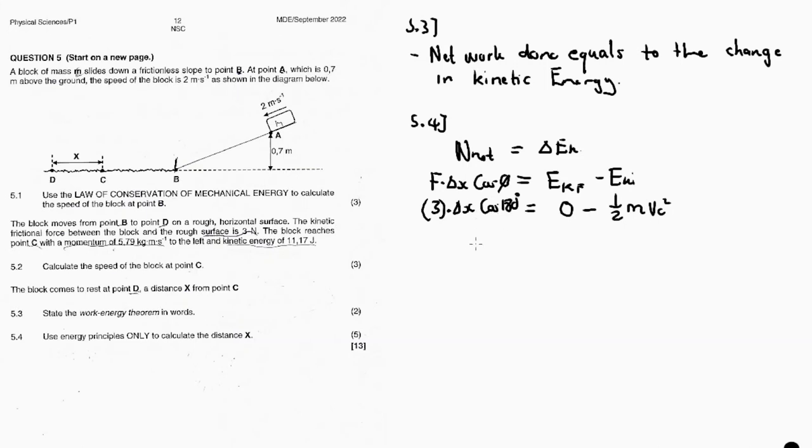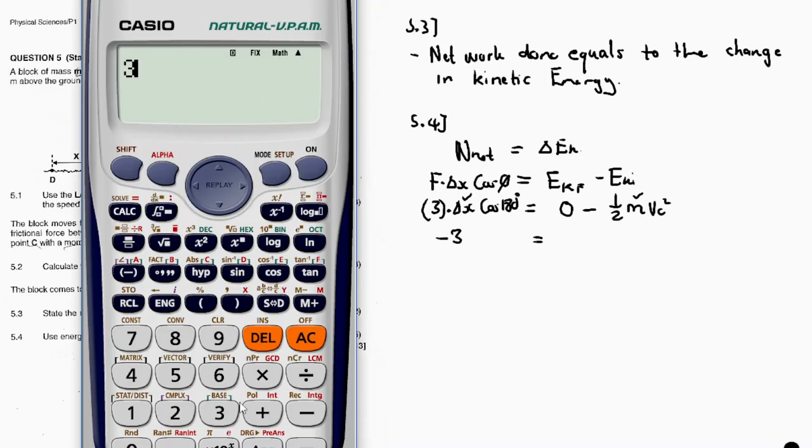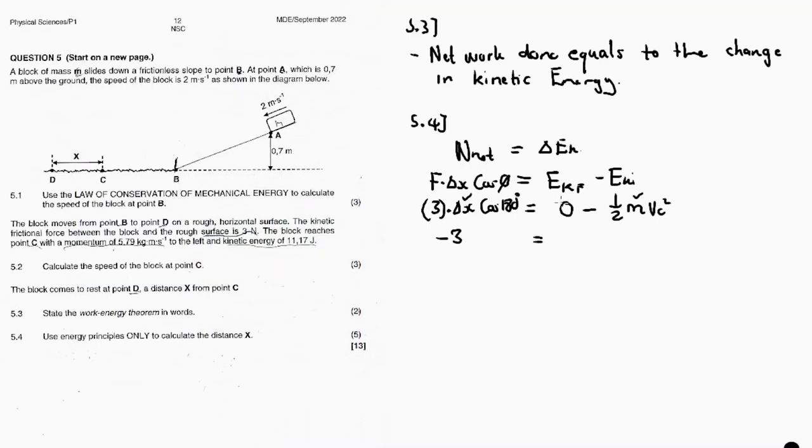Okay, le thing, maybe now we are supposed to worry about the m. Since asinayo m, it means this equation will have 2 unknowns, the x and the m. Relax man, relax, we got this. So we have 3 times cos 180, just to show that it's minus 3. Since cos 180 is negative, it's negative 3 delta x, 0 minus.